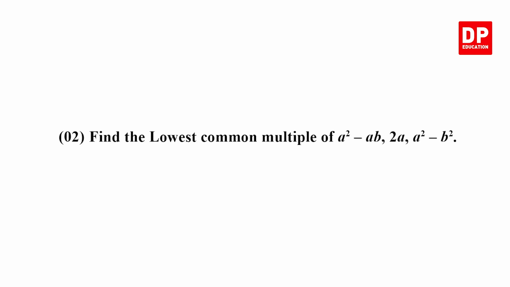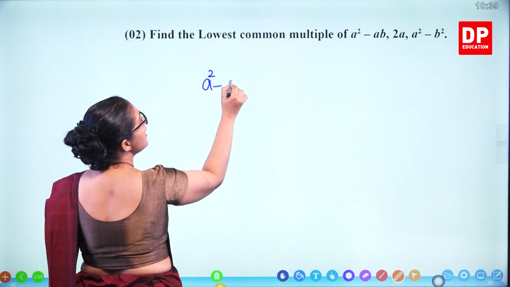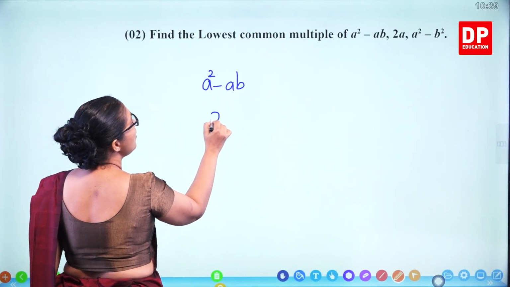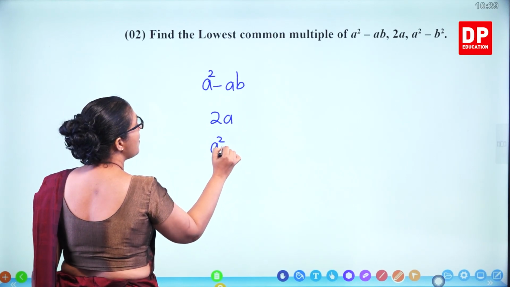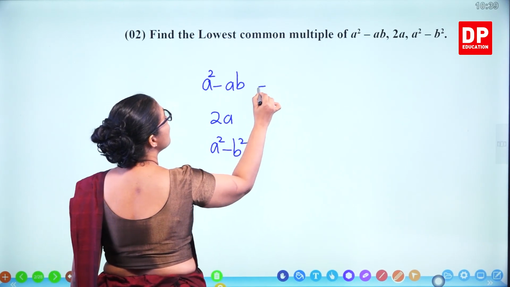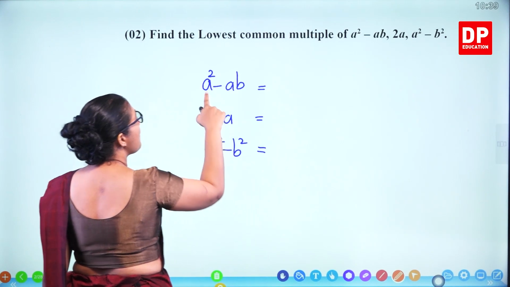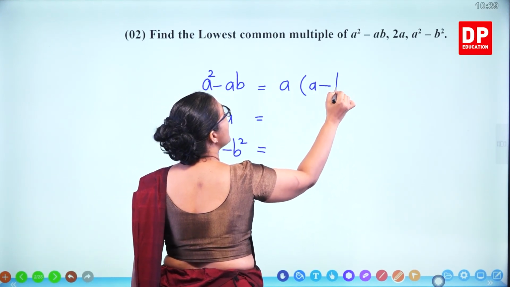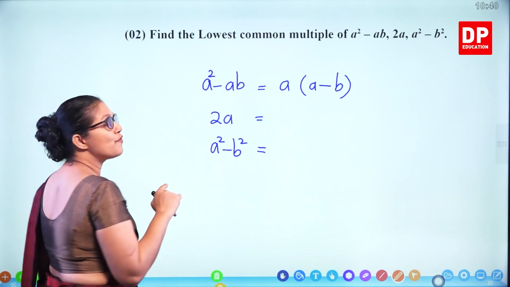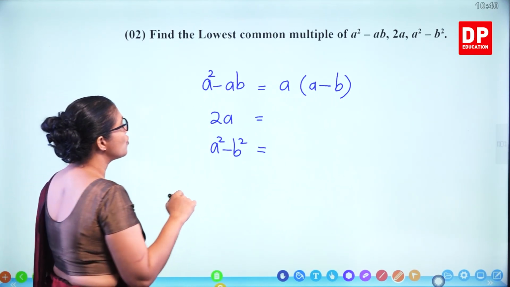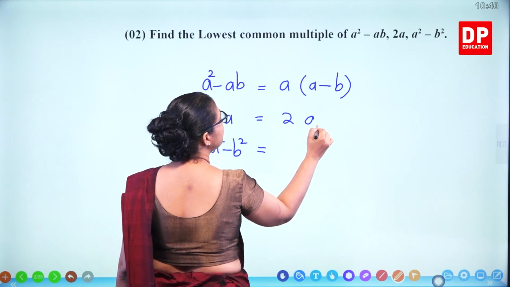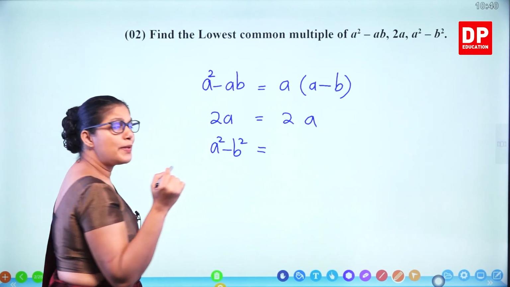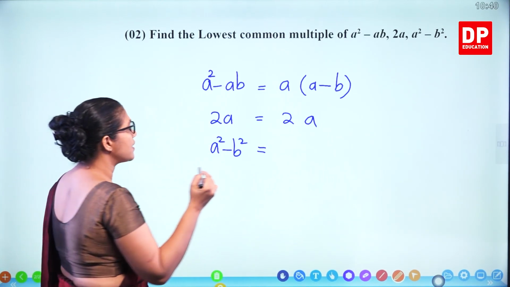Question number 2. Find the lowest common multiple of a squared minus ab, 2a and a squared minus b squared. So find out the factors separately. A is common, take it out, you get a minus b. 2a means 2 times a. Difference between two square terms, what are the factors?